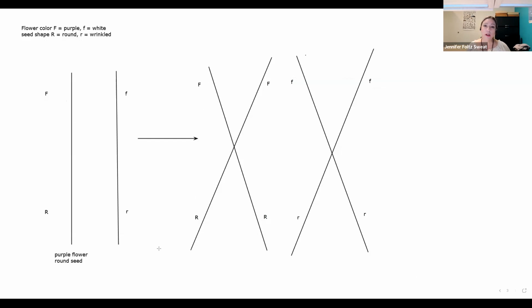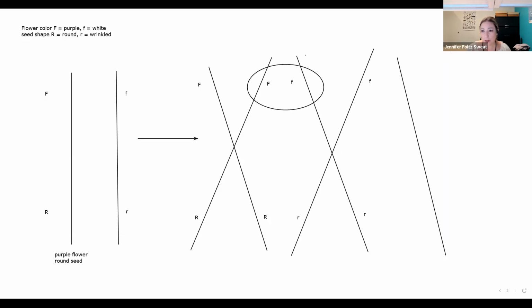The law of independent assortment means that the capital F is not necessarily attached to the capital R, right? You can swap those alleles, and here's what I mean by that. So let's say we have crossing over here where I put my circle. That is going to result in this.